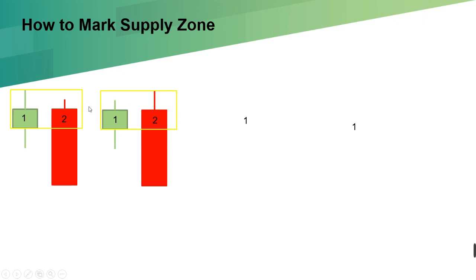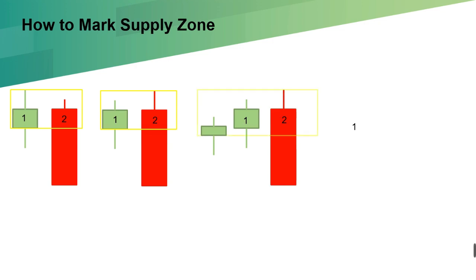So this is how I mark my supply zone. The third kind of supply zone is where there are two small bullish candlesticks, and then suddenly there is a bearish candlestick. Sorry for that. The supply zone that I'm going to mark out is over here. So this is my supply zone.